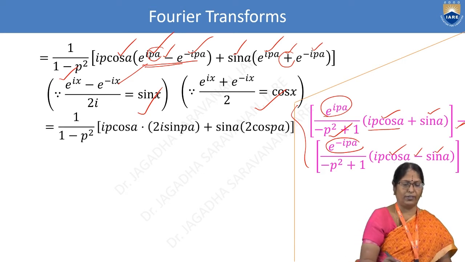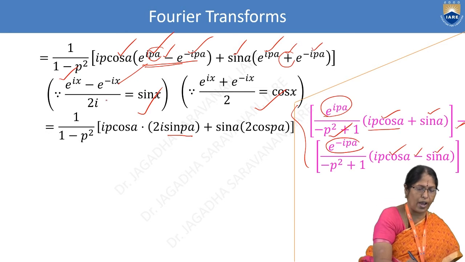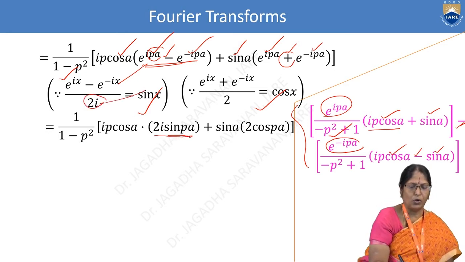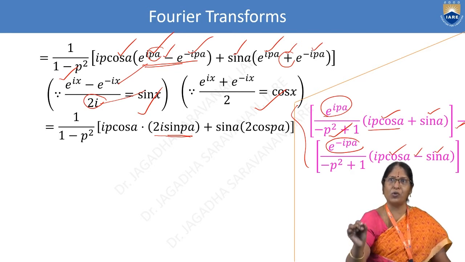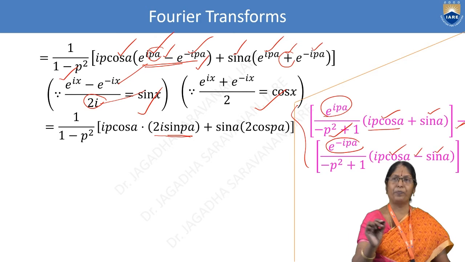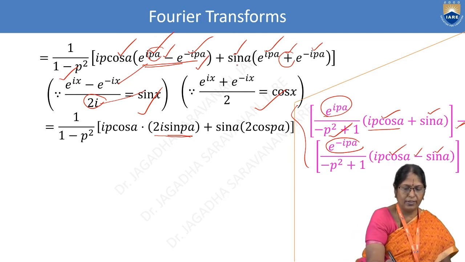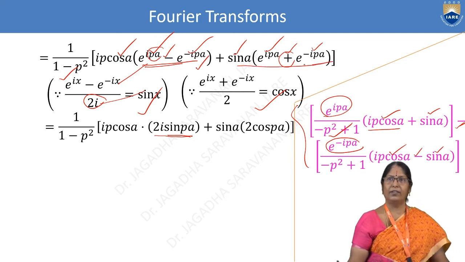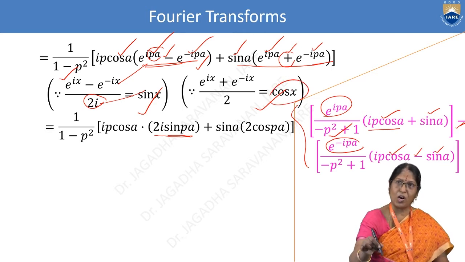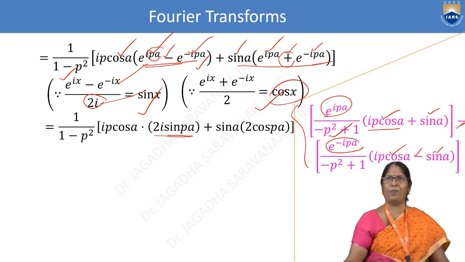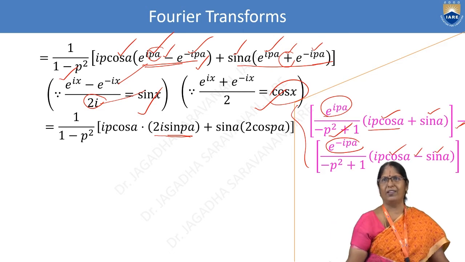We can see it here: sin pA. Here the 2i is missing, that is why we kept it here. It is written 2i sin pA according to our problem. Next, this is nothing but cos x. The same in the formula, x. What about our problem? Very simple solving.